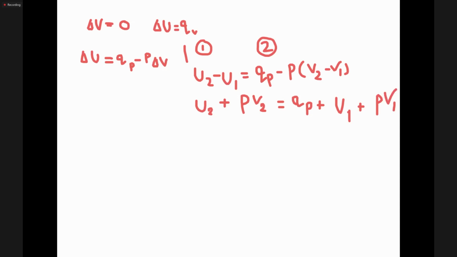Now we are getting QP in terms of U2 plus P V2 and U1 plus P V1. So we have these terms. If we calculate QP here, that is the heat absorbed by the system at constant pressure, we will have the expression U2 plus P V2 minus U1 plus P V1.